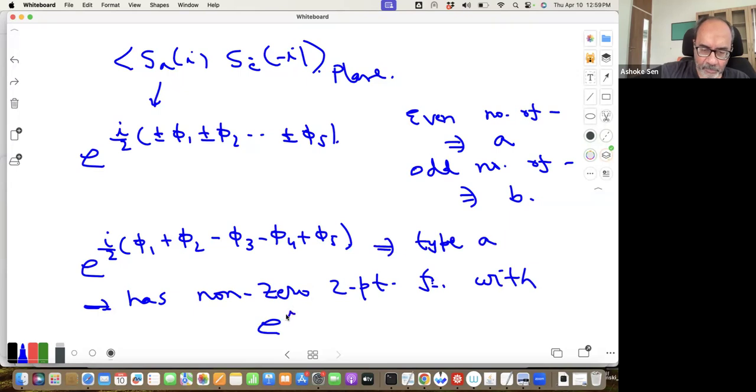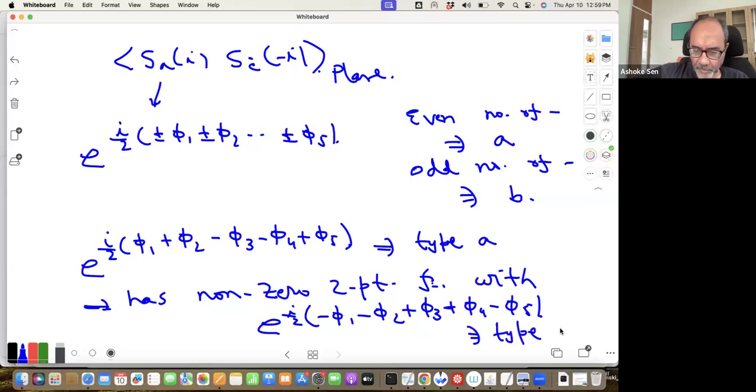We will have e to the i by 2 times minus phi 1 minus phi 2 plus phi 3 plus phi 4 minus phi 5. And you see that this is in B. This is type B dot. Right? Because now it has an odd number of minus signs.